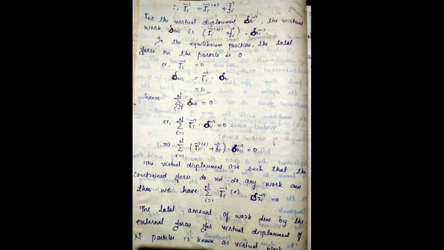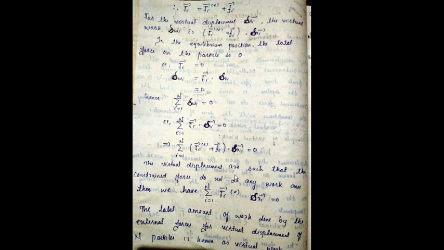Now summation i is equal to 1 to capital N, where capital N denotes the number of particles. Summation i equal to 1 to N delta Wi is equal to 0. And you know that delta W is nothing but force into displacement, so Fi dot delta Ri is equal to 0. Again, Fi vector is nothing but Fi external plus fi, so summation of Fi dot delta Ri is equal to 0.